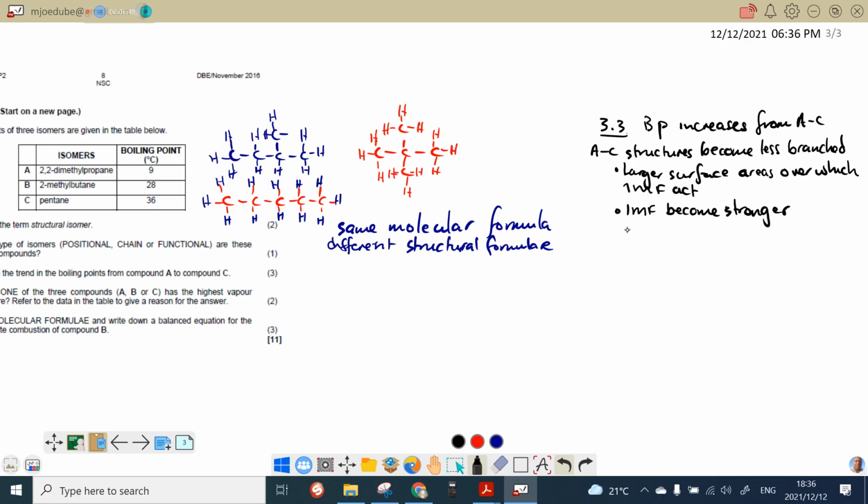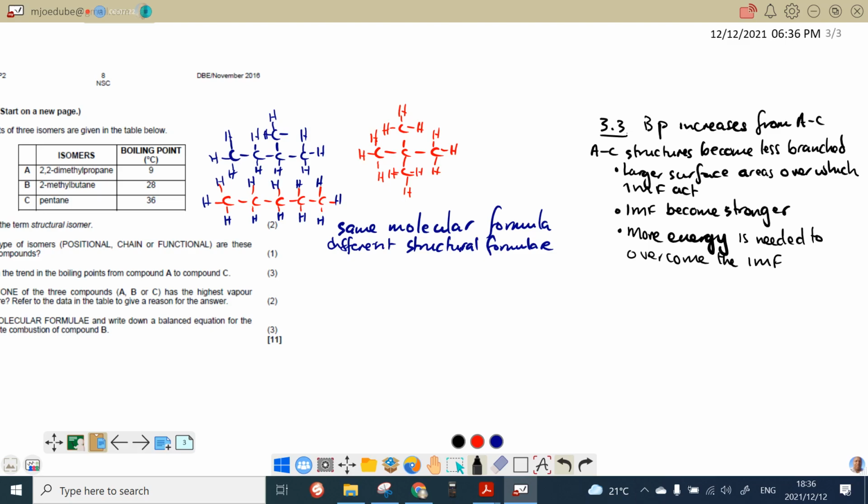And if these intermolecular forces have become stronger, it means therefore that more energy is needed to overcome the intermolecular forces, and that is the reason why you observe what you observed.